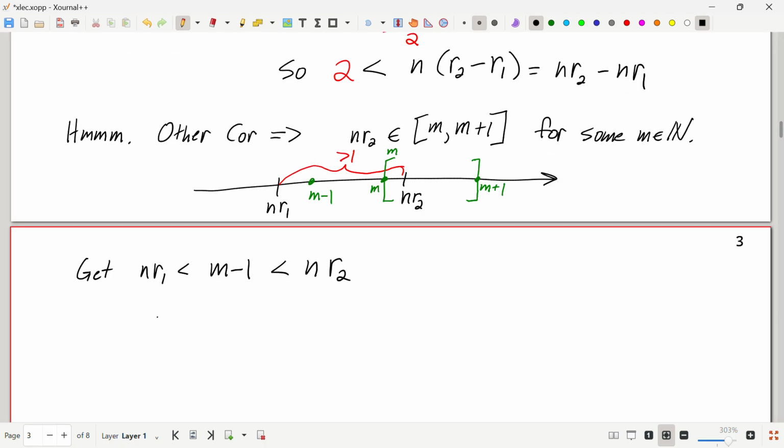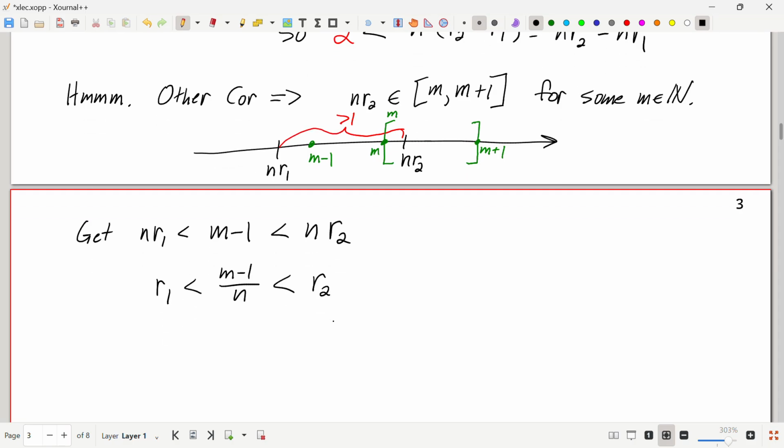And therefore, R1 is less than m minus 1 over n, that's the P over Q I want, is less than R2. So I got you a rational number that's strictly in the middle there. So check. That's the end of it. Sorry for bumbling around there for a second.